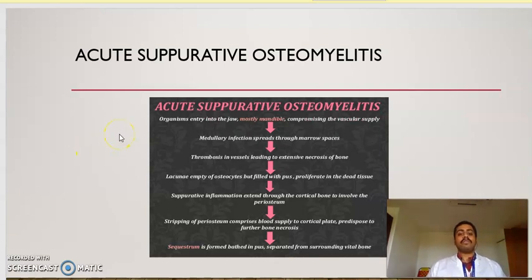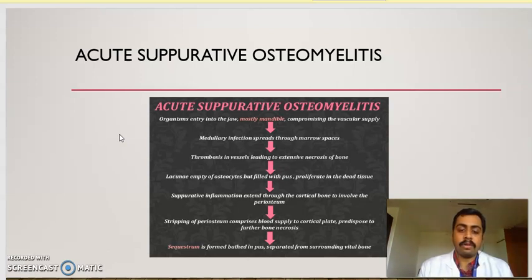Now we see the flow chart of the pathogenesis of acute suppurative osteomyelitis. The microorganisms enter into the jaw, mostly the mandible, compromising the vascular supply, which is followed by infection of the medulla through the marrow spaces. Thrombosis in the vessels leads to extensive necrosis of the bone.